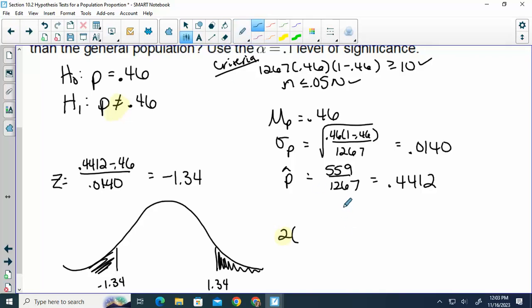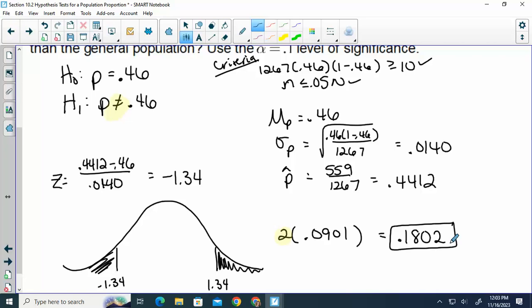Negative 1.34 gives us 0.0901. So we get a probability of 0.1802.